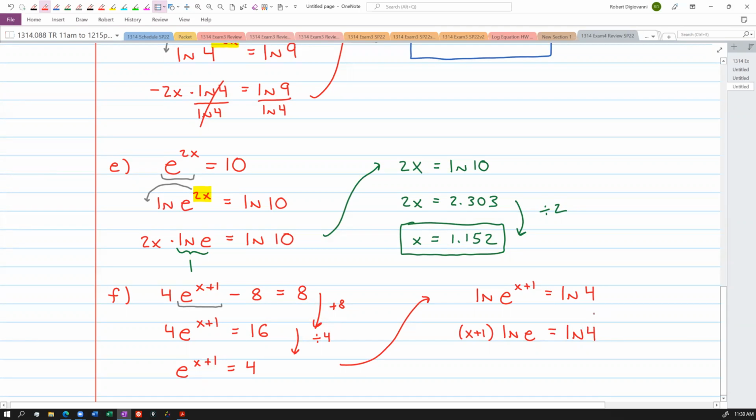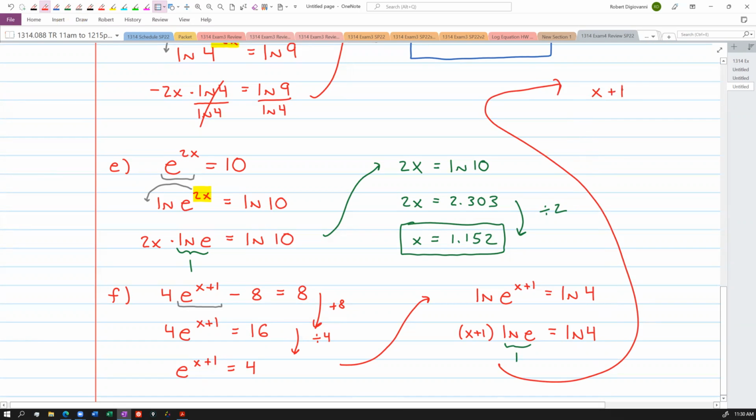Once this x plus 1 comes out, natural log of e, that turns into a 1. And so I think I'm out of space. I'm going to just continue right up here. So I have x plus 1 on the left.